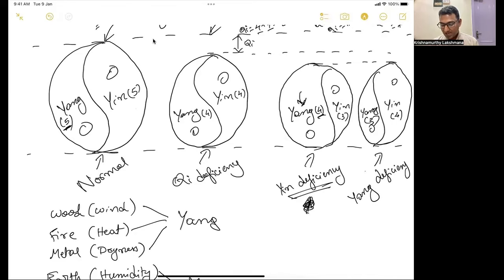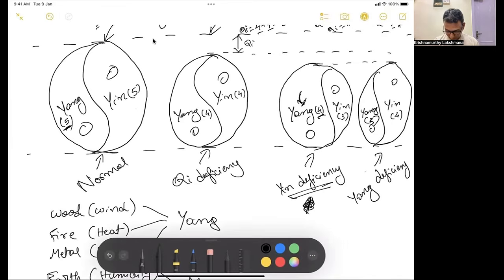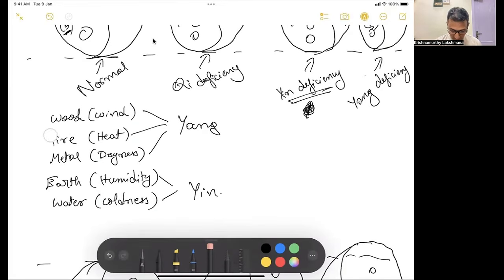Yang is more, right? Yang is heat, yang is fire. So because yin is deficient, relatively yang is more, and they will feel more hot in this situation.